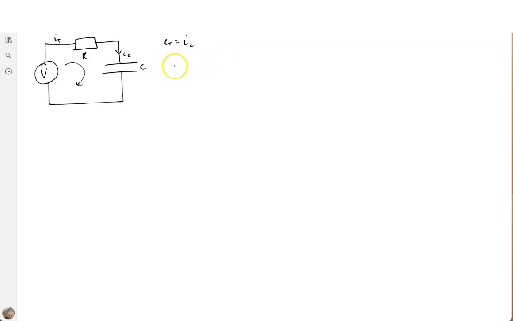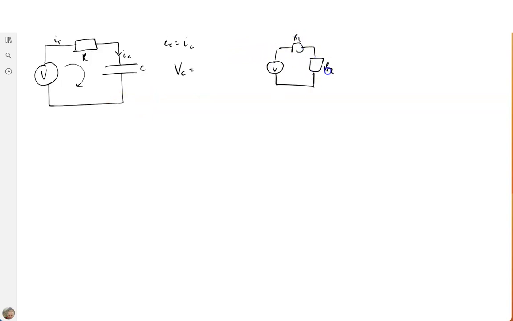So we can say that VC is equal to, now if we remember back to this type of circuit where we had two resistors, the potential divider equation was the resistor of interest, R2, divided by the total, which is R1 plus R2, multiplied by this V, gives us this voltage across R2, VR2.